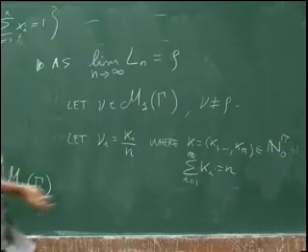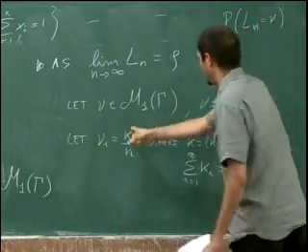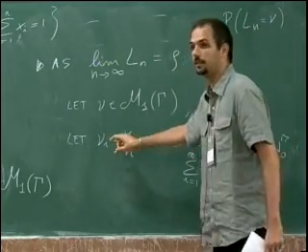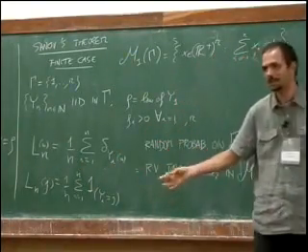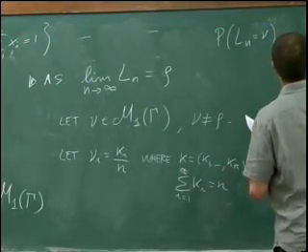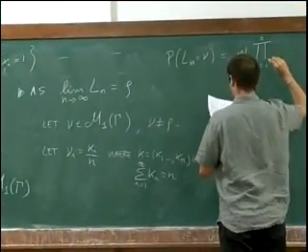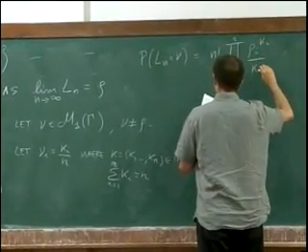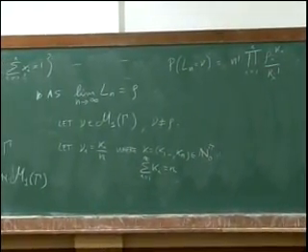Then you can really compute the probability that Ln is equal to this kind of nu. Note that these are the values that can be attained by Ln, since Ln are fractions of numbers, so they cannot be irrational, for instance. This is just a multinomial expression, which doesn't tell you a lot.